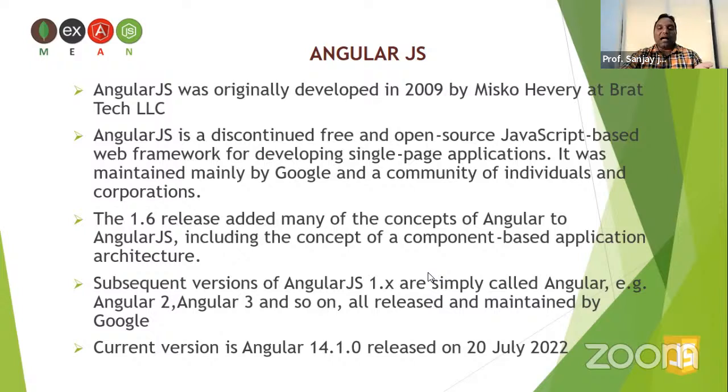All the versions that come on the market are supported and maintained by Google. Though AngularJS was also maintained by Google and some open source developer community, after 1.6 Google stopped the support for AngularJS. Now it is completely focusing on Angular.